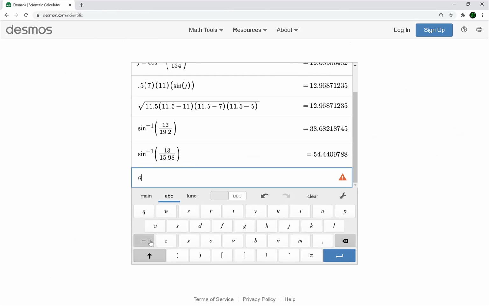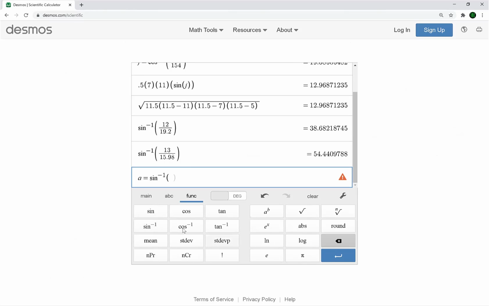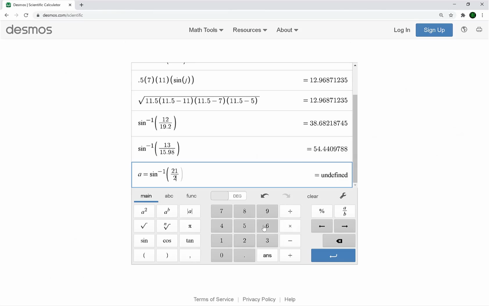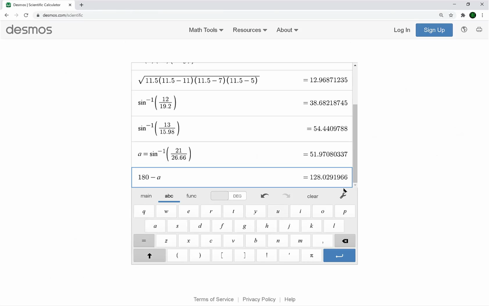A equals, and I'm going to go arc sine, and then it was 21 divided by 26.66, and there it is, 51.970 or 971, but that's not the answer I want. I want obtuse. That's what it said. Give me an obtuse answer. So 180 minus A, and there it is, guys, 128.029.